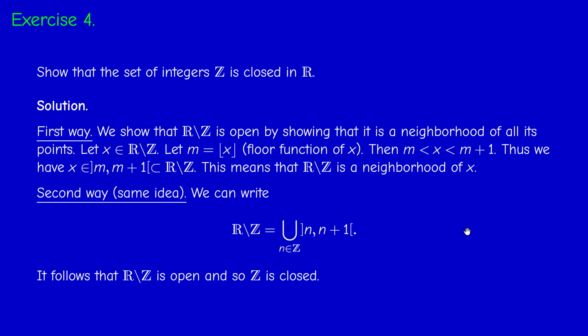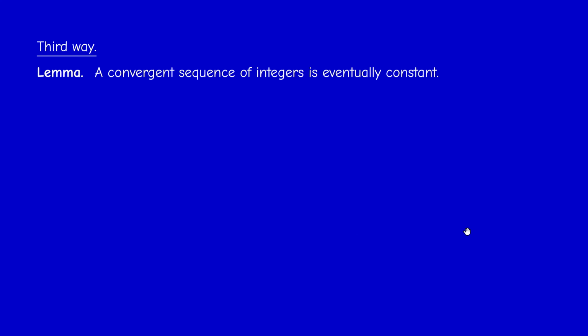Okay, so easy enough. Now, the third way is to prove that the closure of Z is contained in Z. Now, this is interesting because it reveals a very important property of the integers. A convergent sequence of integers is eventually constant.